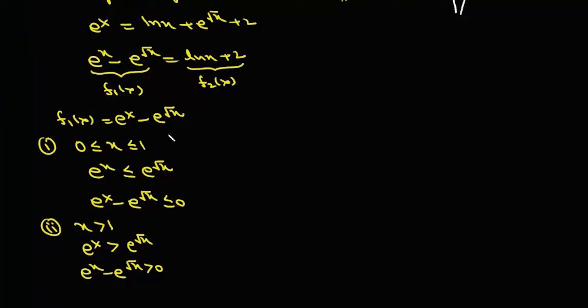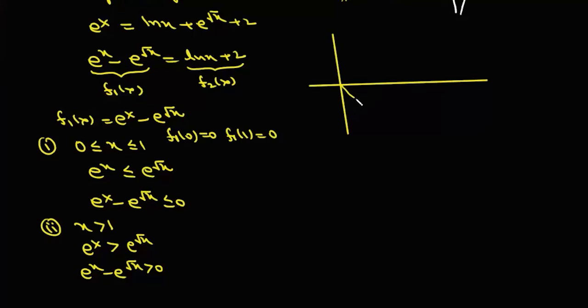And what we also know is f1(0) is 0 and f1(1) is also 0. So if we look at the graph of this function f1(x), it will be drawn something like this. So this is 0, this is 1, and that's the graph of f1(x), and that is e to the power x minus e to the power root x.